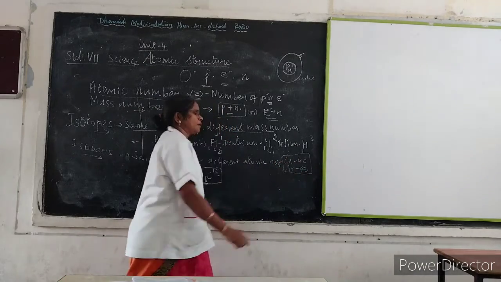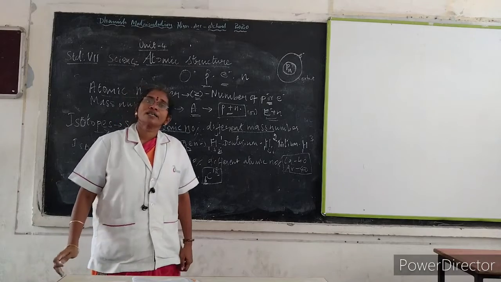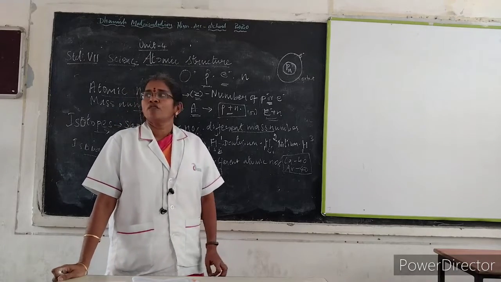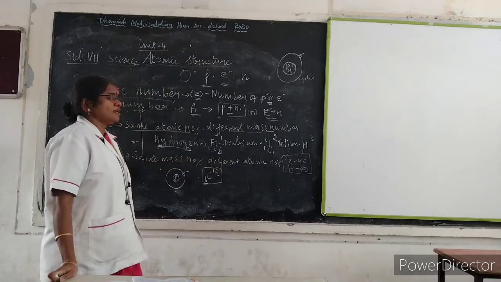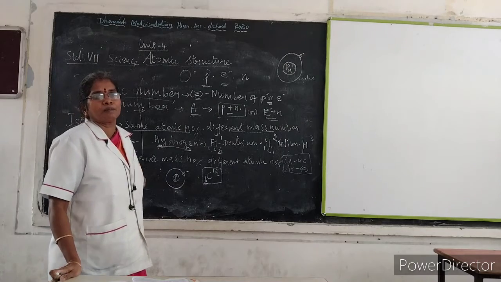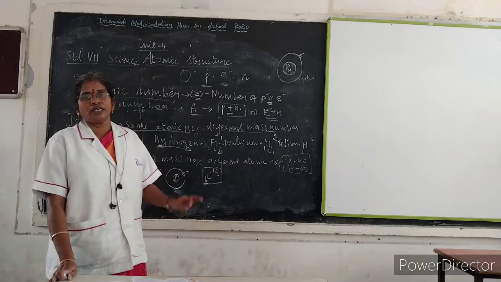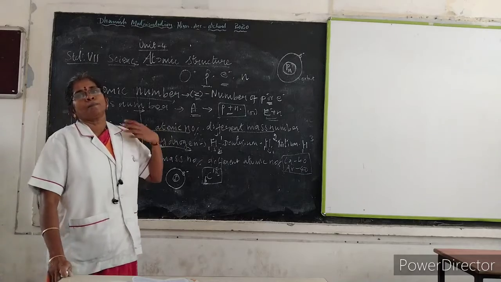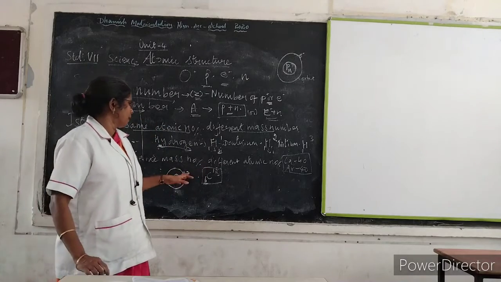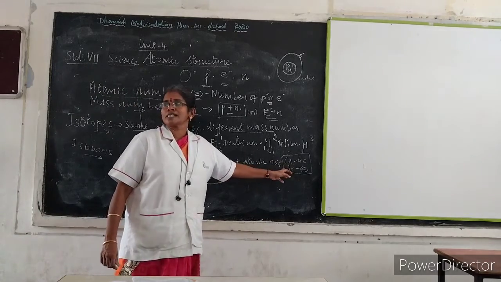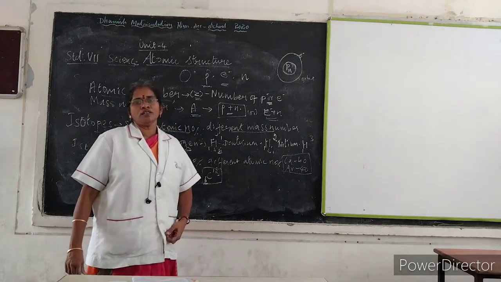Calcium has mass number 40 and argon also has mass number 40. So we call these isobars. An example is calcium 40 and argon 40.